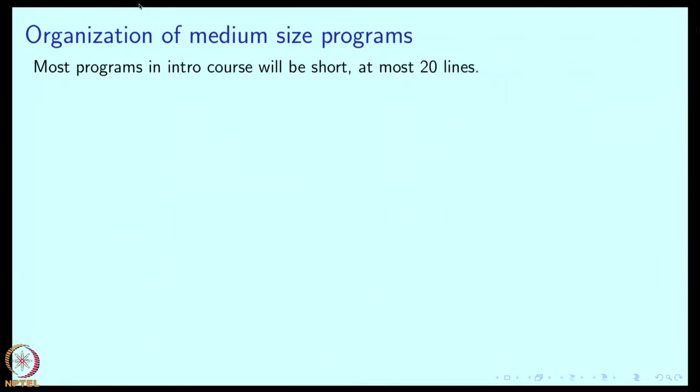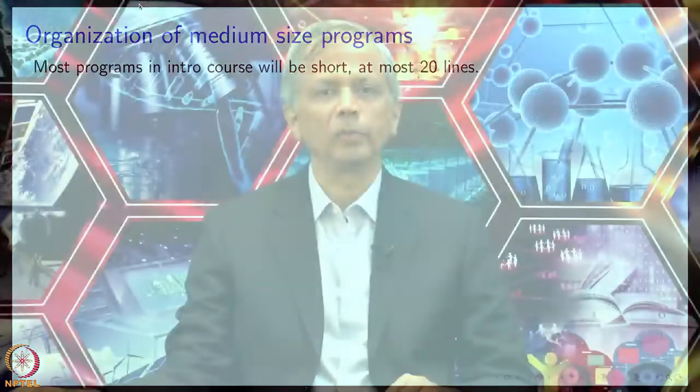So the first advanced programming topic is organization of medium-sized programs. Most of the programs that your students will design in an introductory programming course will be short. They will be at most 20 lines typically.